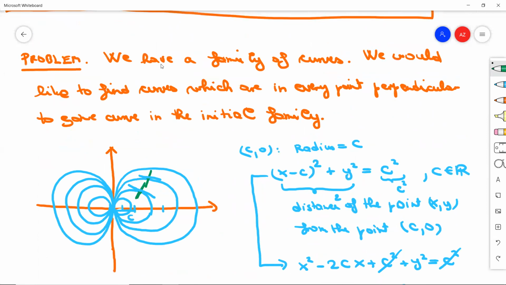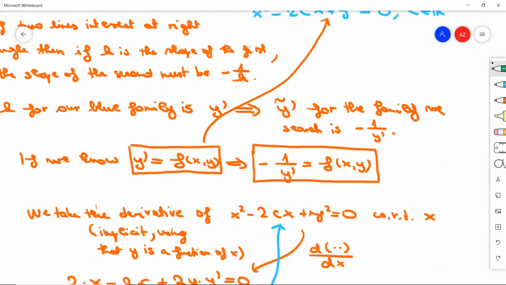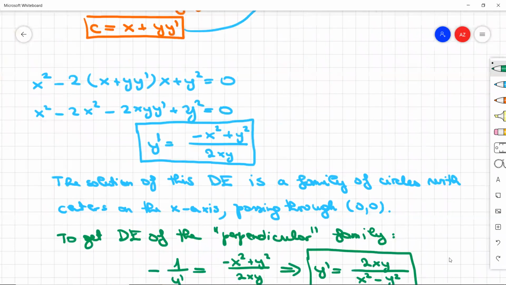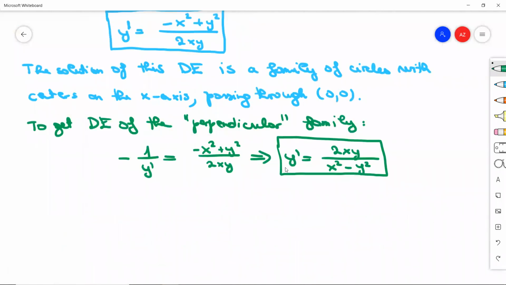In fact, I should start with the family of circles with centers on the y-axis. But I started with the family of circles with centers on the x-axis. And that's why I got a different result than in my notes. So if I start with the family of circles on the x-axis, I get this differential equation, which I don't know how to solve.